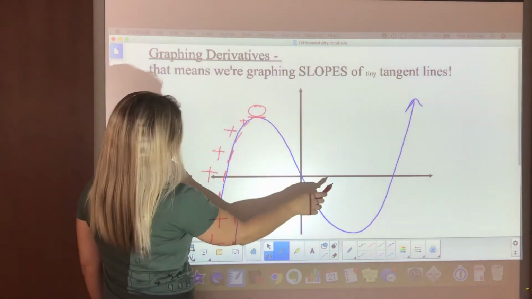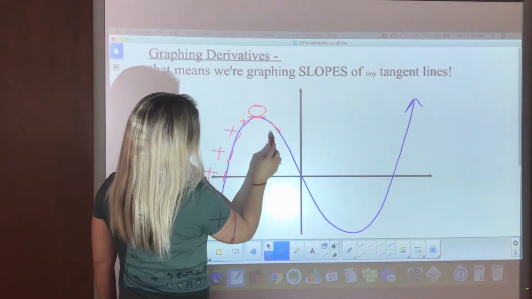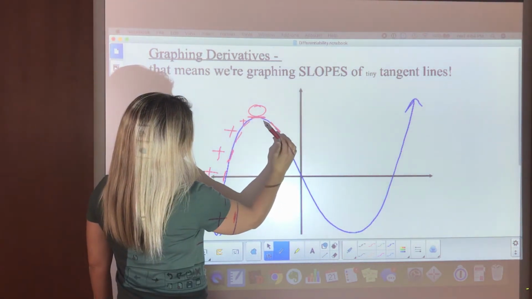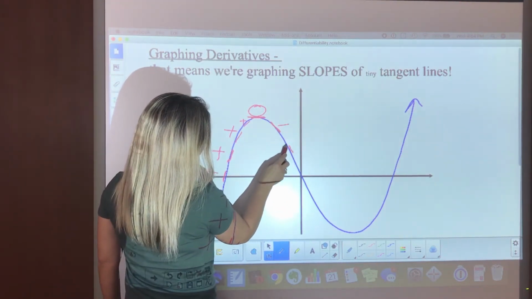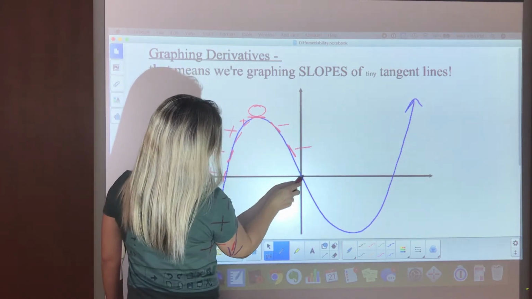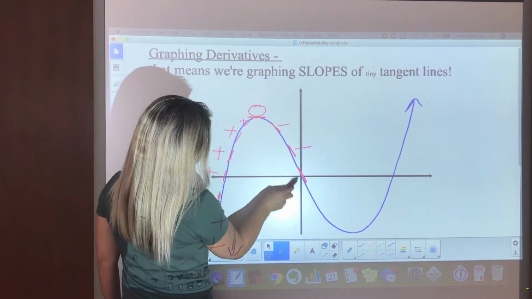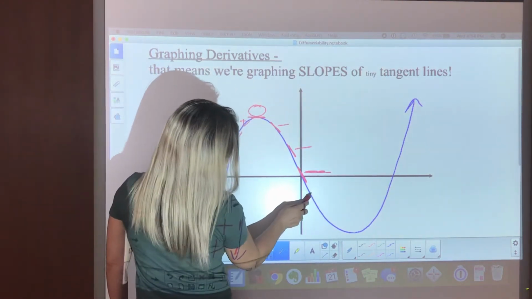Now, as we descend down the graph here, what kind of slope do we have? Now we have a negative slope. Notice the direction of the line. That direction is negative. And then we're going to get down here. And look, this guy's a little steeper than up here, so he's getting a little bigger. And then notice right here, look how steep that little tiny tangent line is. So that guy's pretty big.